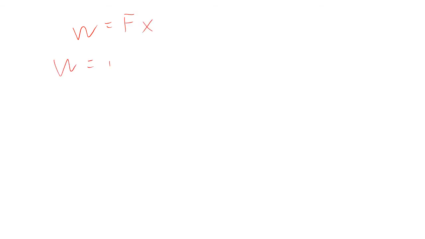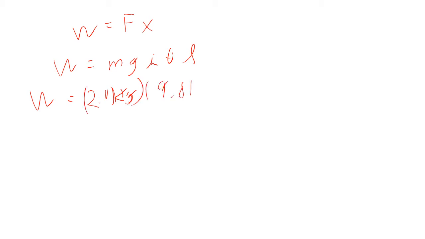So the work is going to be mg sine theta times the length L. So the work is going to be 2 kilograms times 9.81 meters per second squared times sine 21 degrees times 11.9 meters.